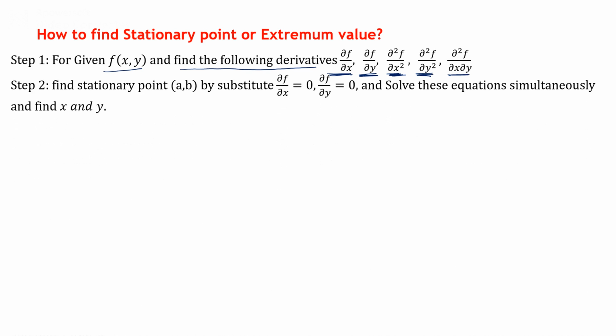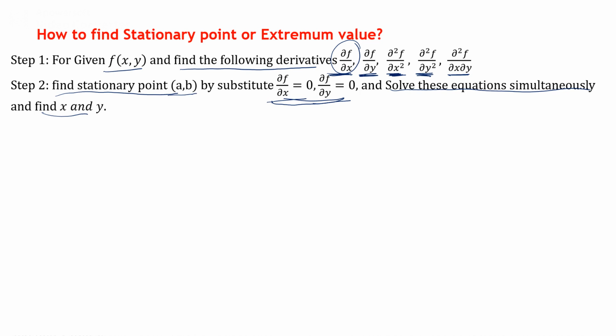Then find the stationary point. As you remember, to find the stationary point, we put the partial derivative with respect to x equal to 0 and the partial derivative with respect to y equal to 0, and solve these equations simultaneously. You obtain the values of x and y, which is the stationary point (a, b).